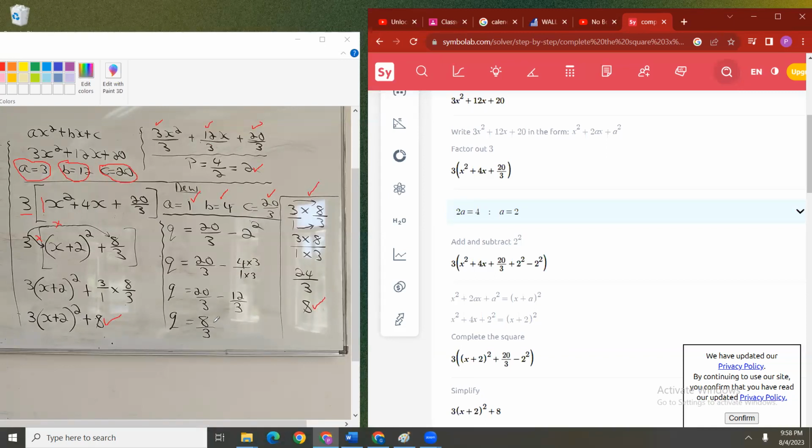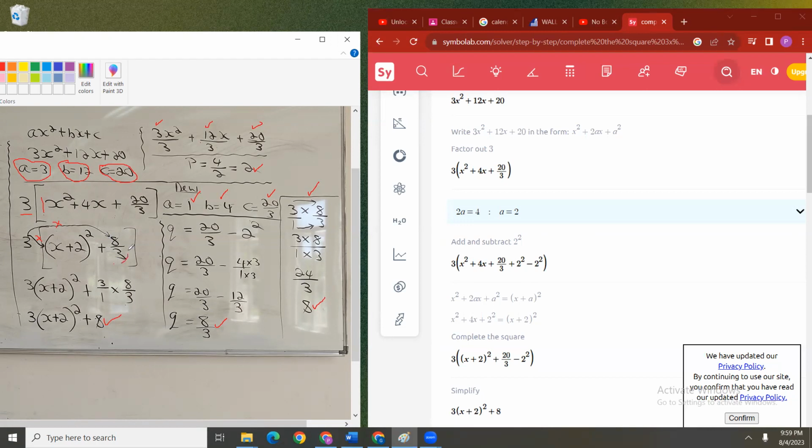That's where we calculate q. And that's where we multiply 3, which is a, by q, to get the new q. So you have a q in the bracket. Just to rethink it, this q is within the bracket.